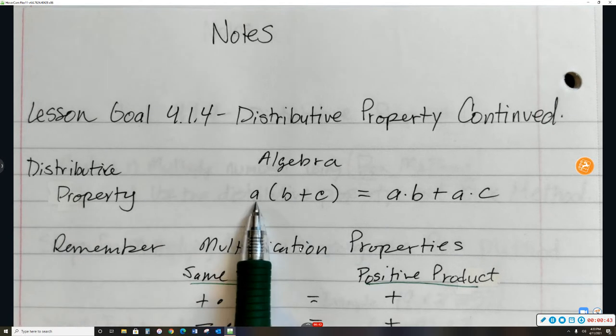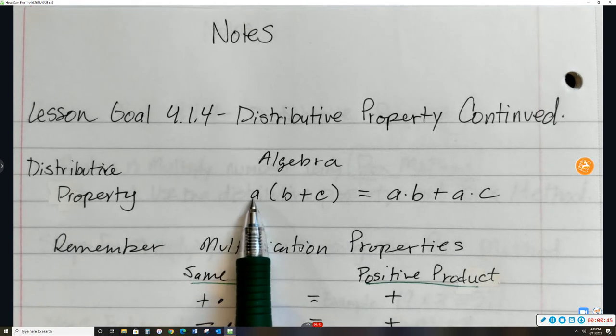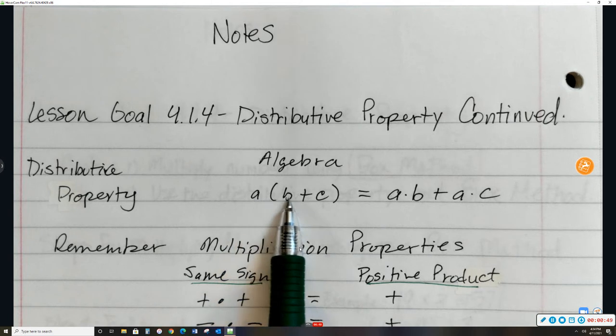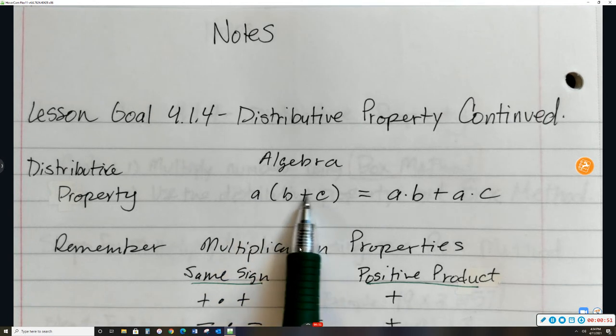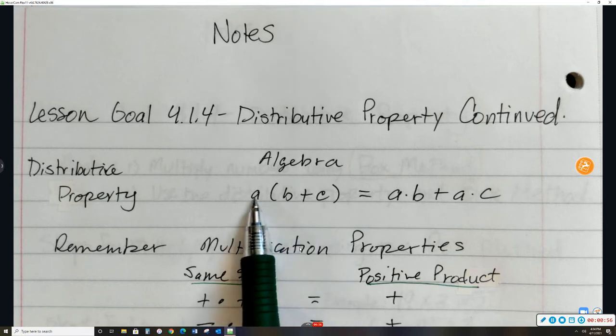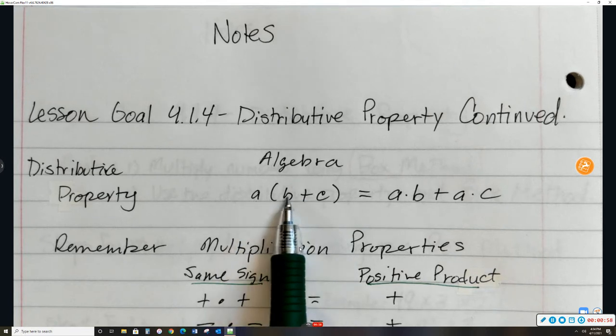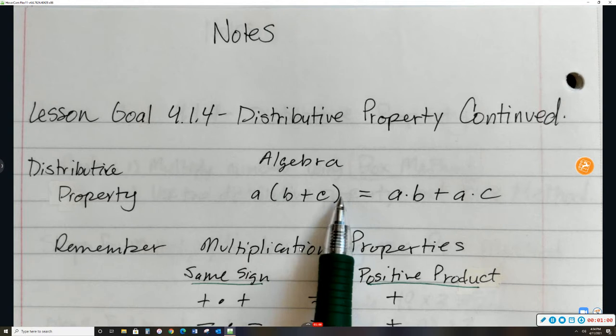Whenever you have something being multiplied on the outside, and there's more than one number or variable on the inside, what you have to do is distribute that to everything on the inside of the parentheses.